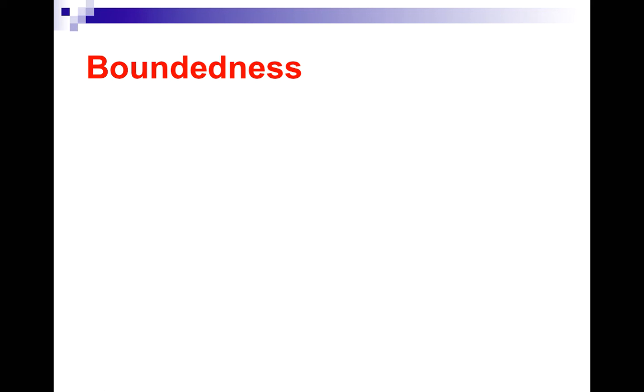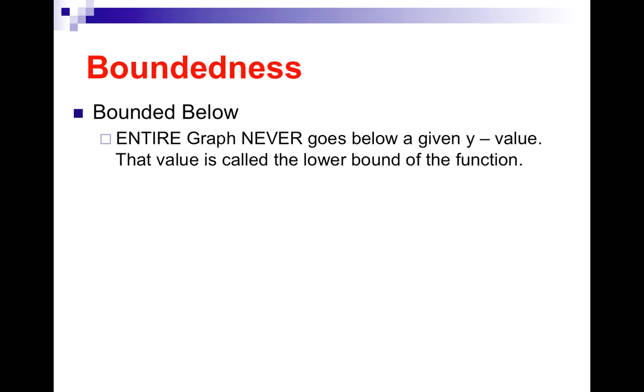All right, like I said, there's a lot of little things that we need to cover in this section. So the next one is boundedness. A function is bounded below if the entire graph never goes below a given y value, and that value is called the lower bound. A very basic example would be a positive quadratic.